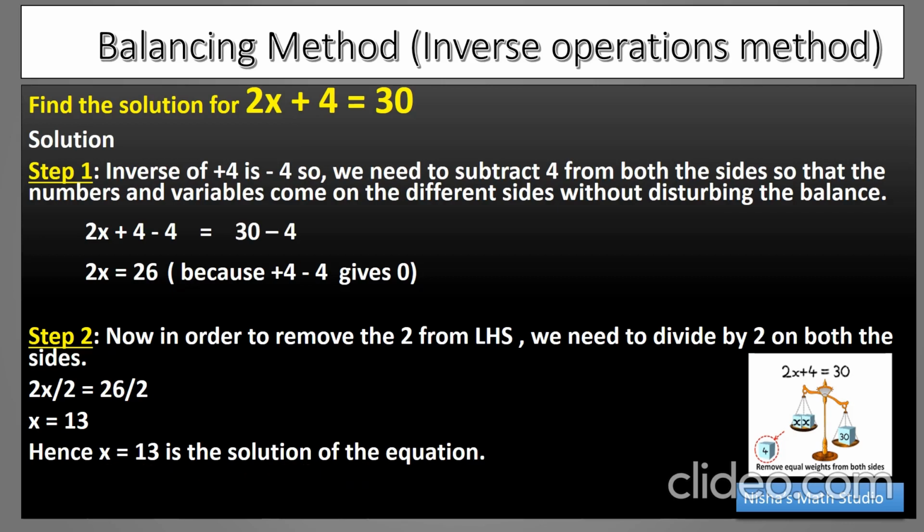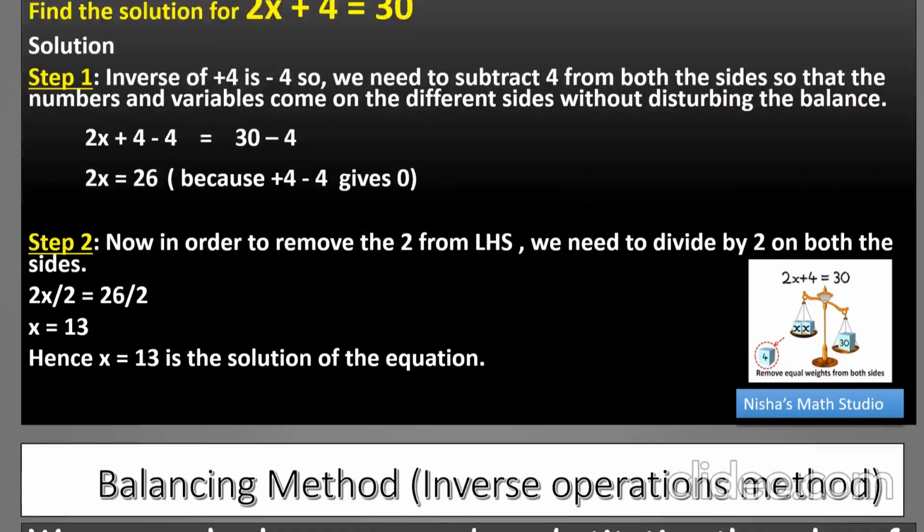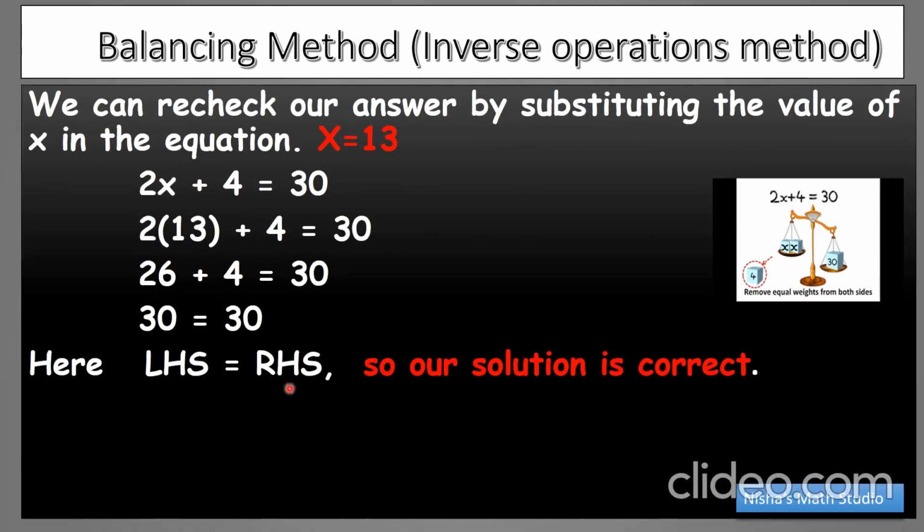How do I know whether I am wrong or right? I can check this by substituting the value of x in the equation. The equation given was 2x plus 4 is equal to 30 and the value of x that I had got was 13. Now in the place of x I put 13.